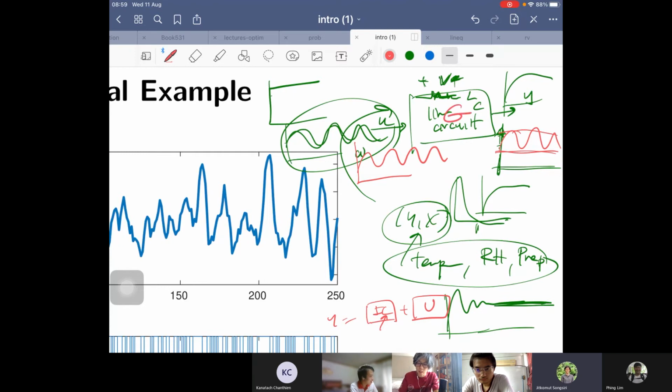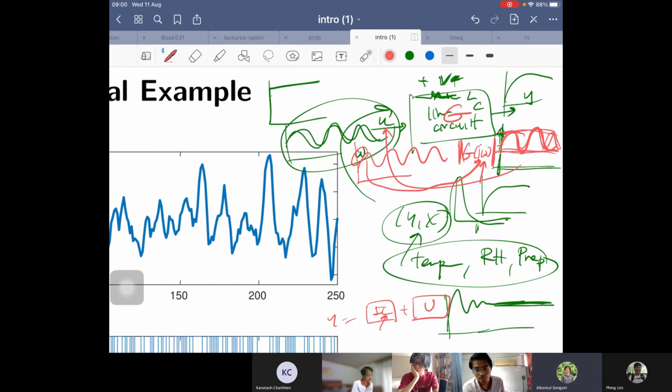This is a system G. The magnitude depends on the gain of the frequency response at frequency omega, and this gain depends on the frequency. The output will also have a phase shift and different magnitude from the input.